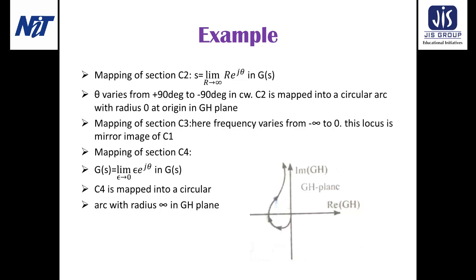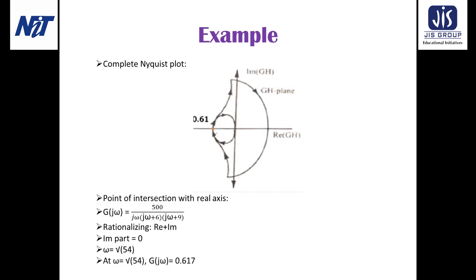This is mapped into a circular arc with infinite radius in the GH plane. As theta varies from -90 to +90, it is actually covering the whole right hand side. So this is the complete Nyquist plot.